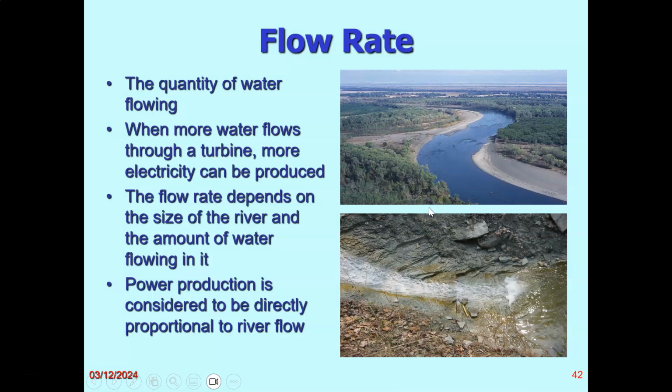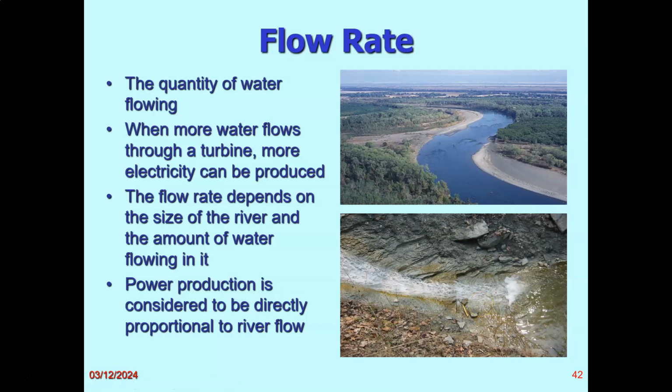Of course, as you can see here, there are two pictures of the flow rate. The flow rate is the quantity of the water flow. The more water flows through a turbine, the more energy can be produced. The flow rate depends on the size of the river, like here. The upper picture is higher than the size of the lower.